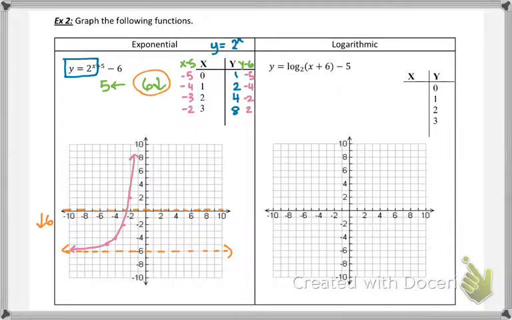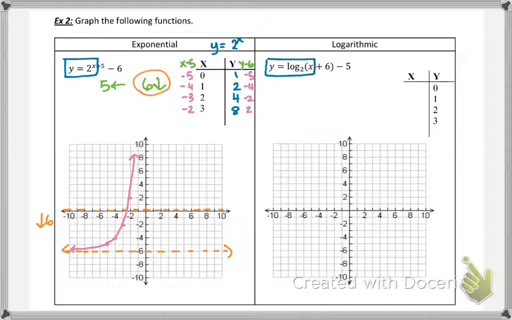And then for the log equation, notice that this is log base 2 of x. Our parent function is this, and that is just the inverse of the equation that we just graphed, y equals 2 to the x.